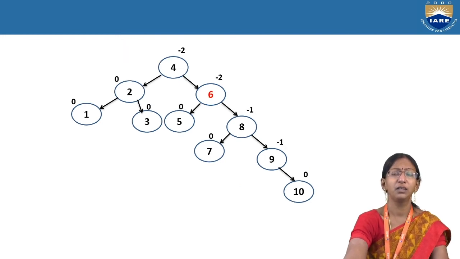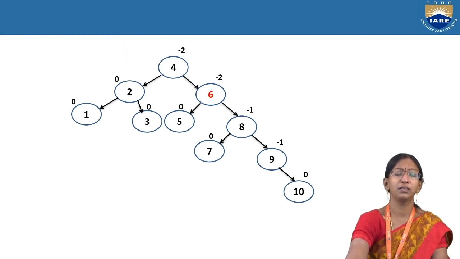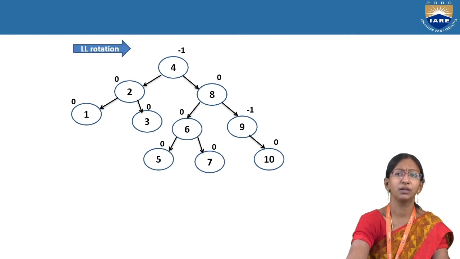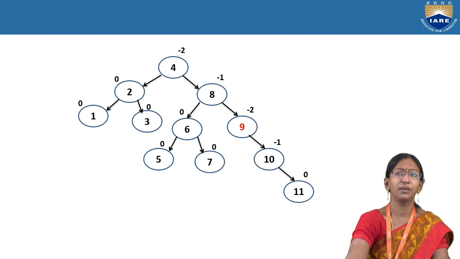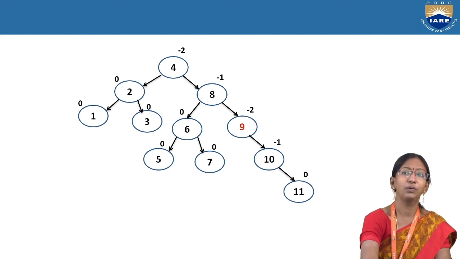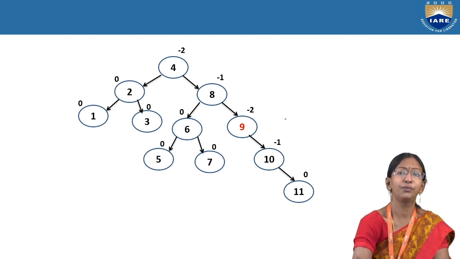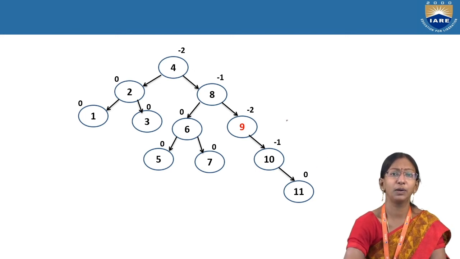When you insert 10, 6 gets imbalanced. Pull it towards left. You are going to get this. And now insert 11. The root 4 got violated. So have a look at this one. 4 got violated and even 9 got violated.